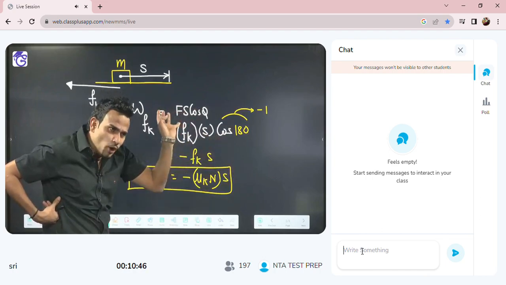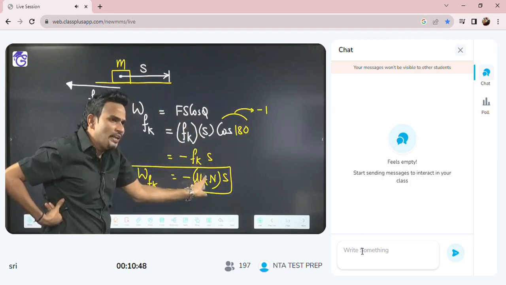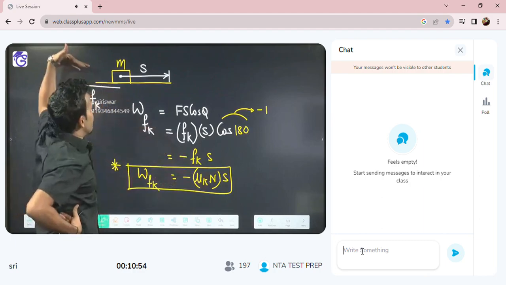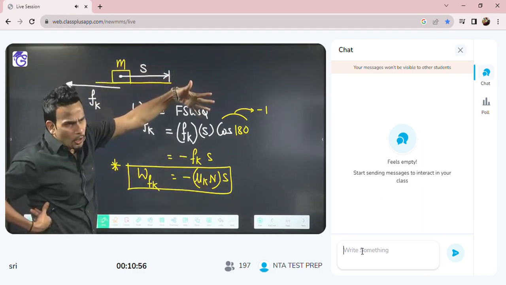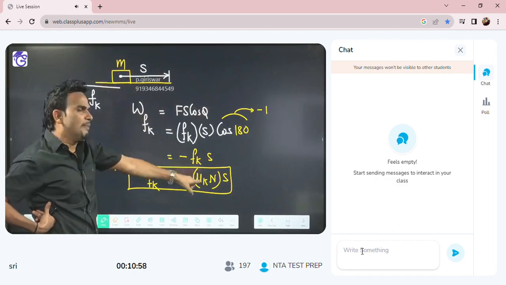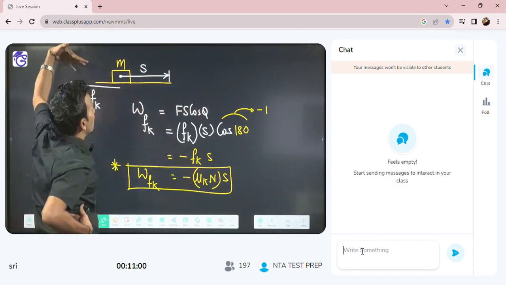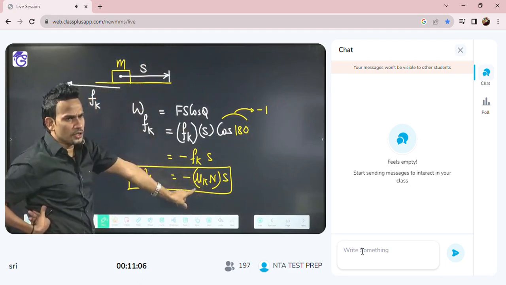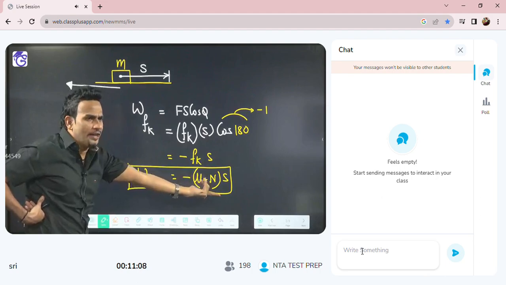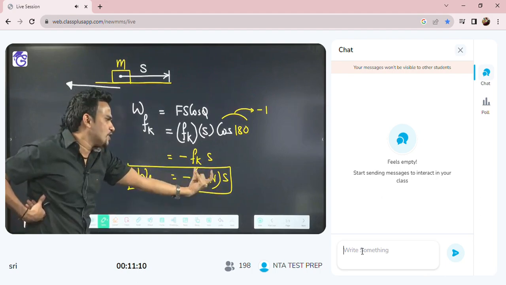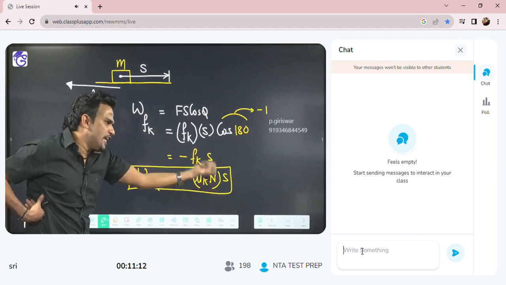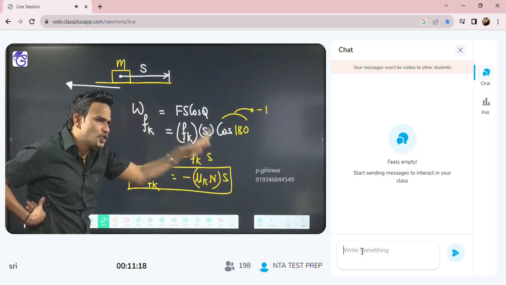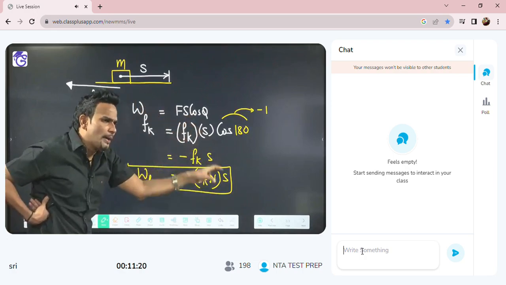Depending on pushing and pulling, the value of N will change. If no other force is acting, N will be equal to mg. But if you are pushing the block or pulling the block, the normal reaction will change. So that's why we are taking the general value of N. It depends on the situation: sometimes it may be mg, sometimes more than mg, sometimes less than mg, depending on whether we are pushing, pulling, or not applying any other force.